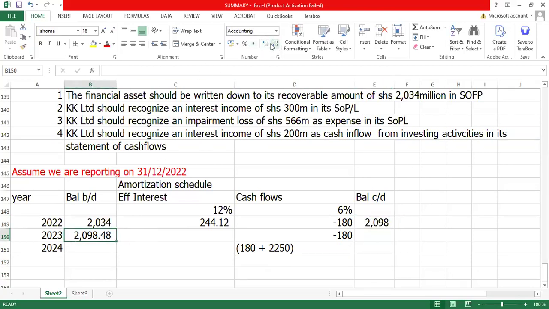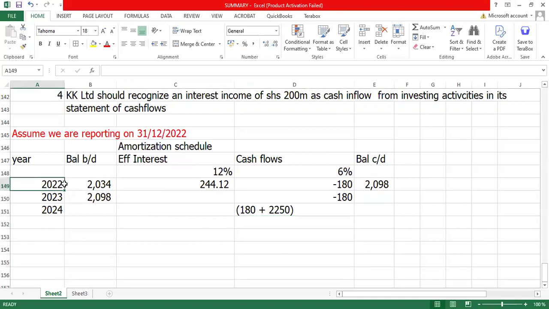So for the year ended 2022, you could recognize this in your income statement as an income. And then you recognize this as the cash inflow. Then you recognize this in your balance sheet.